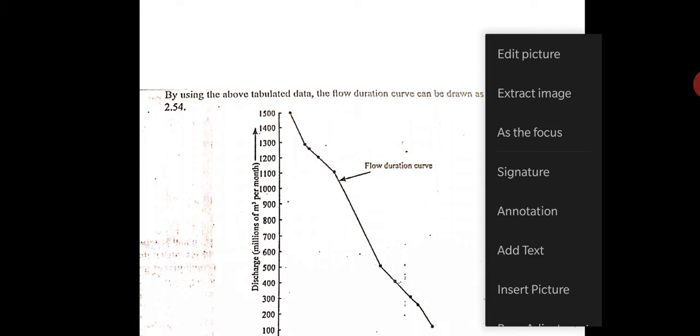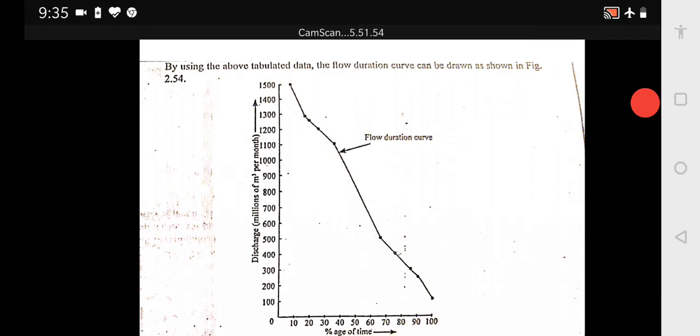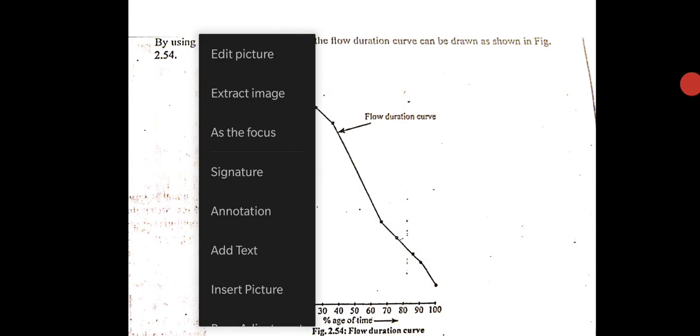Now we will plot the flow duration curve. How is it plotted? Very simple. The x-axis is the percentage of time and the y-axis is the discharge in millions of meter cube per month. It starts from 0 and the maximum discharge is 1500, and the x-axis is from 0, 10, 20, 30, 40, 50, 60, 70, 80, 90, 100%.